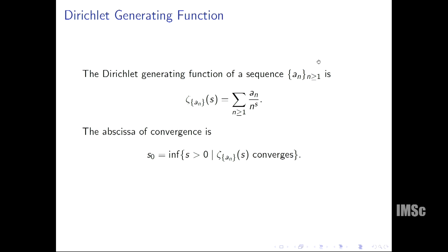They have a behavior that there's a line in the complex plane to the right of which they converge, and that's called the abscissa of convergence. It turns out that the growth of the sequence can be captured by this abscissa of convergence. So if the sequence grows polynomially with degree alpha, then the abscissa of convergence will be about alpha plus 1.